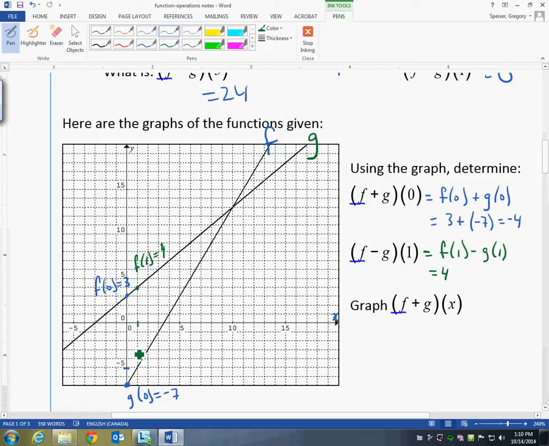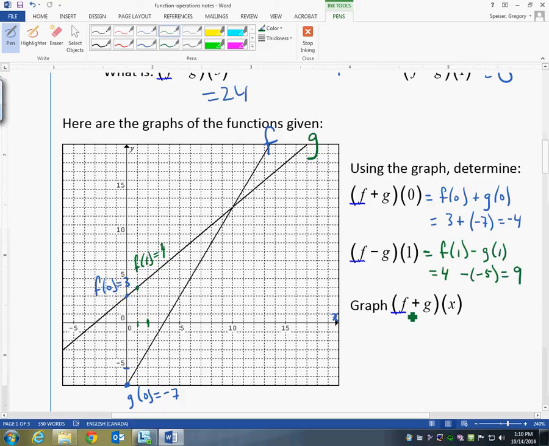Oh, you know what? I made a mistake because here is where 1 is, right? No, I did it right. 1, 2, 3, 4, 5. I thought the scale was different. No, we're good. g at 1 is negative 1, 2, 3, 4, 5, at negative 5. So subtract negative 5 like that. So we get 9. All right.